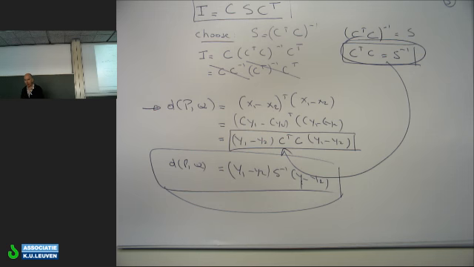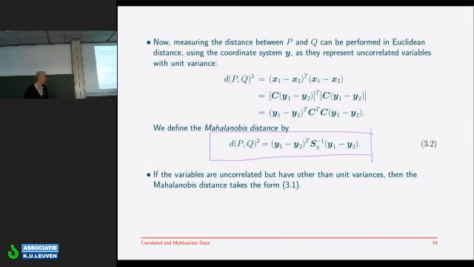Is this distance affected by the unit of measurement? No. The property about independence of units also applies here, just as it did before. If you change the units of y, you go from millimeters to centimeters in the y's, the S will follow along, and that transformation will entirely cancel.